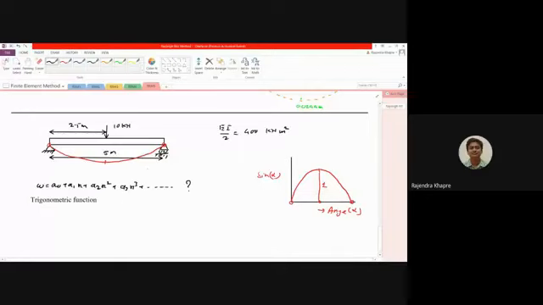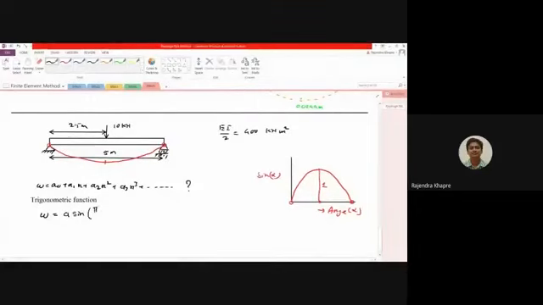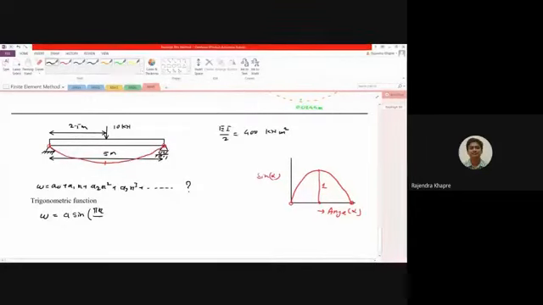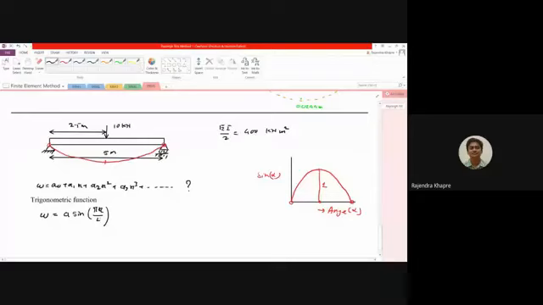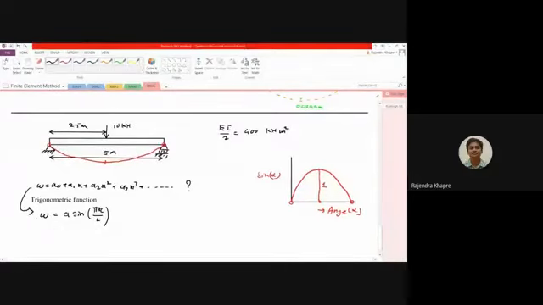What I can do is simply assume the value of W in the form of a sine, that is, let us say, A into sine of pi into x divided by L. In place of assuming the polynomial, I'm assuming this. Why I'm assuming this, you just see.